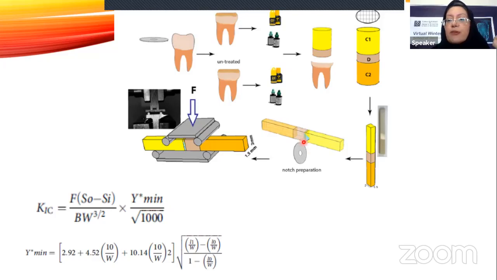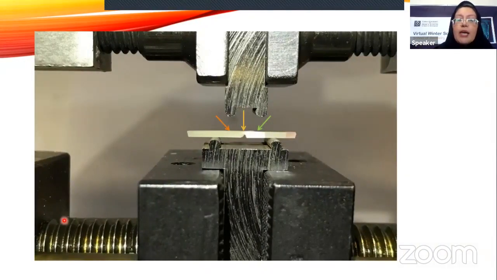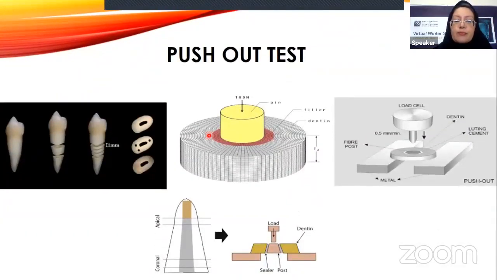We prepared a pre-notch here in the interface between two composites, and finally we measured the interfacial fracture toughness using the K1C equation. Here you can see this is adherent 1, this is adherent 2, and this is the interface, and we prepare a pre-notch here and apply force in a downward direction as a 4-point bending flexural strength test.